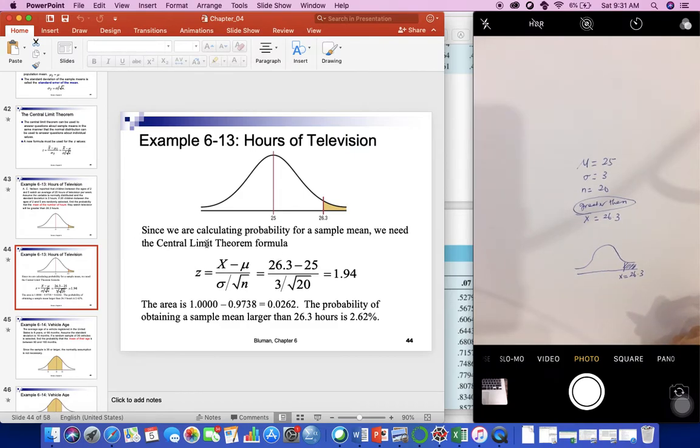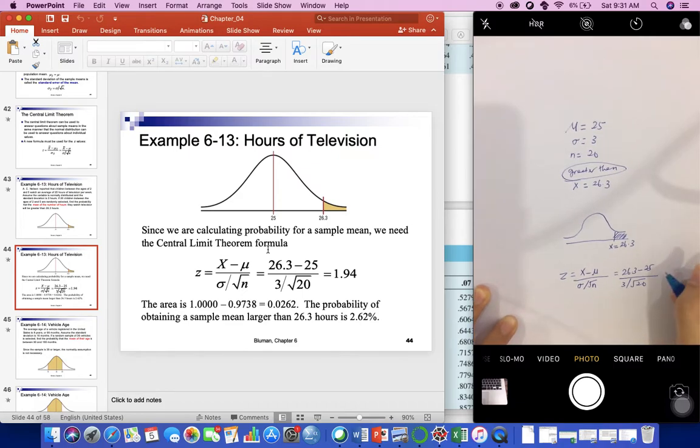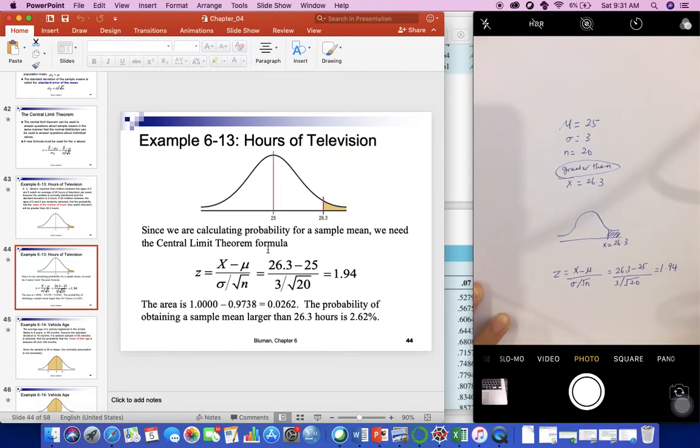We need the central limit theorem formula: Z equals X minus mean, over standard deviation divided by square root of n. X is 26.3 minus 25, divided by standard deviation 3 over square root of 20, and it is equal to 1.94.